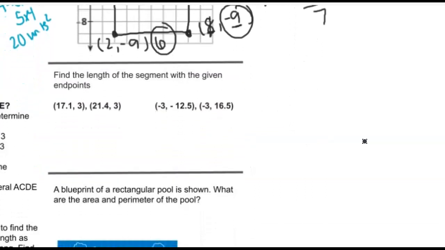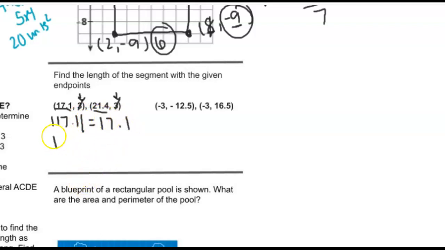Okay, we're going to find the length of the segment with the given endpoints. So this time we don't have any graphs to deal with. So there's 2 problems here. We have one here and one here. And in this case, we're going to use the x's because they're different. The y's, you notice they're both 3, so we can't use those. The absolute value of 17.1 is 17.1.